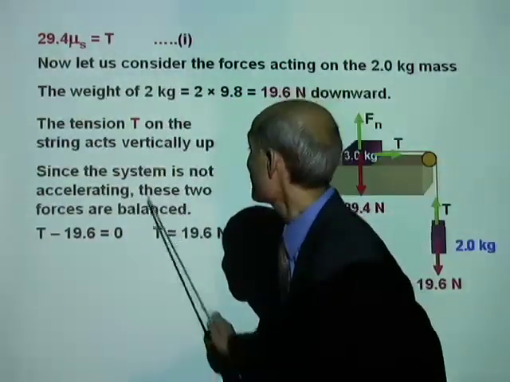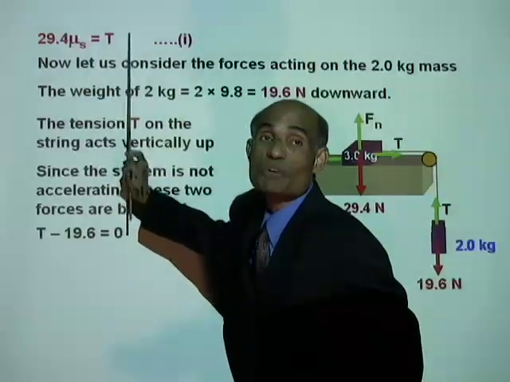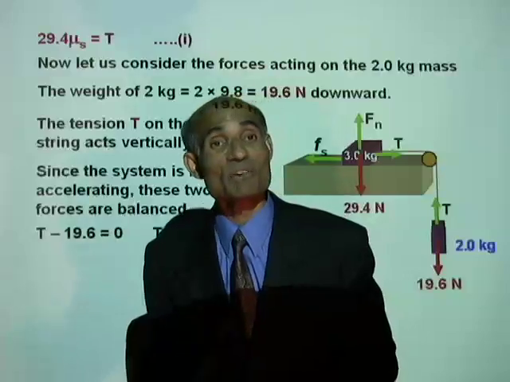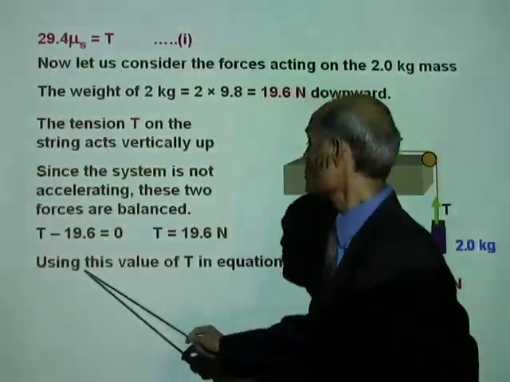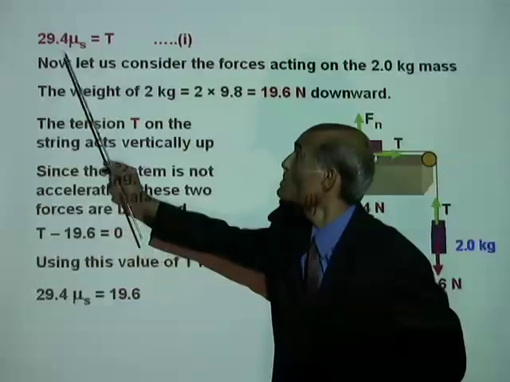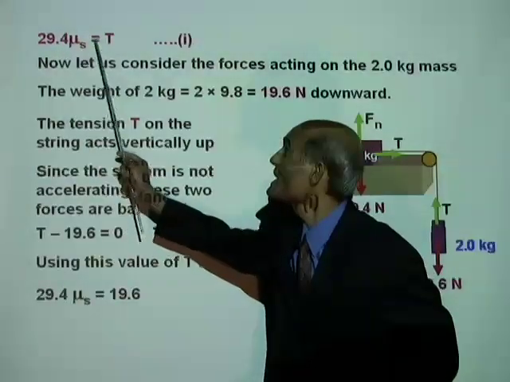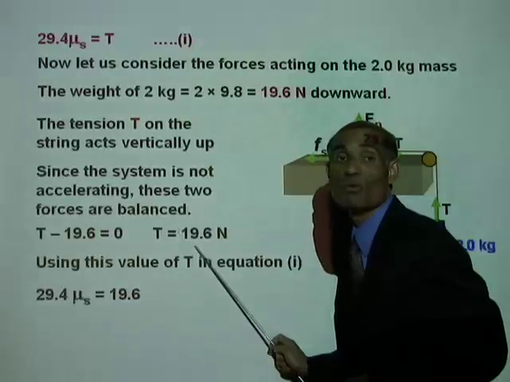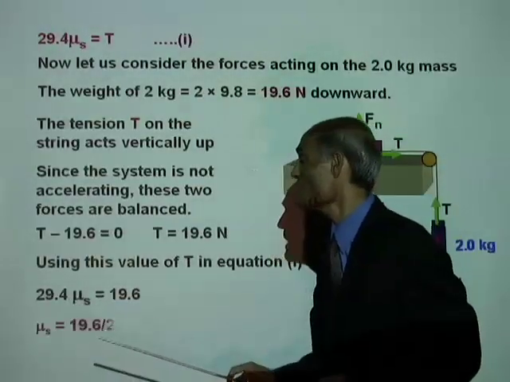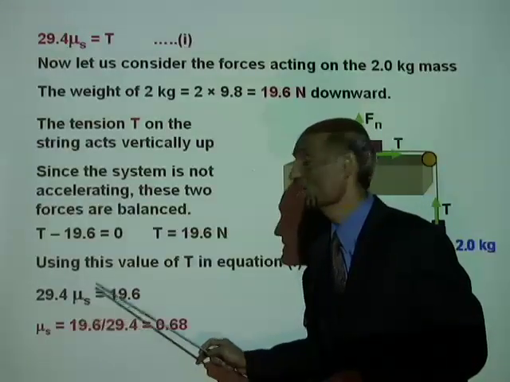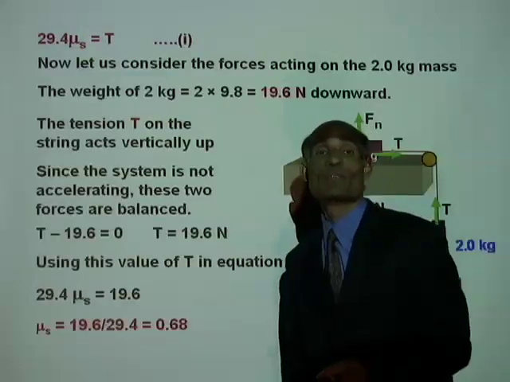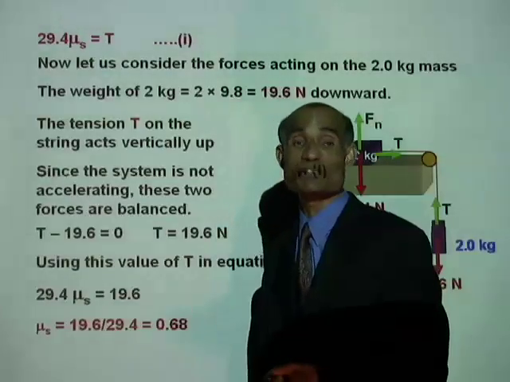Well, once you have the value of T, you can now take it to equation 1 and calculate the value of mu s. So using this value of T in equation 1, we have 29.4 mu s equal to T, which is 19.6. Therefore, what is mu s? Mu s is 19.6 divided by 29.4, that is 0.68.